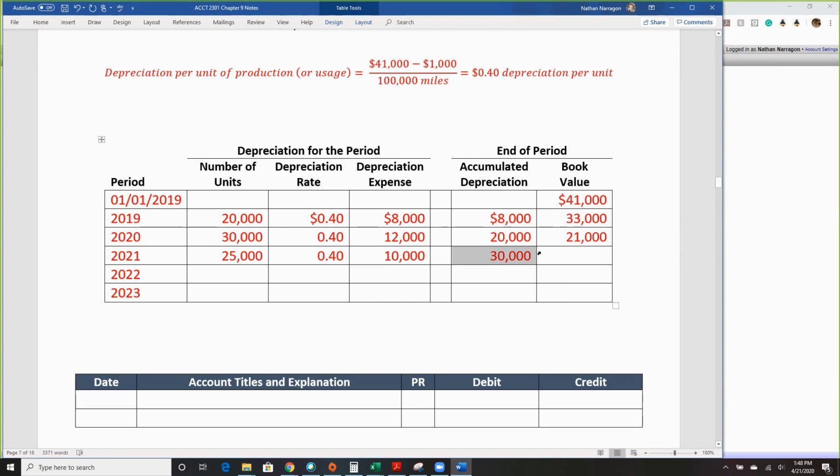Good. There's my book value. So, currently it's worth $11,000 on our books for this truck.